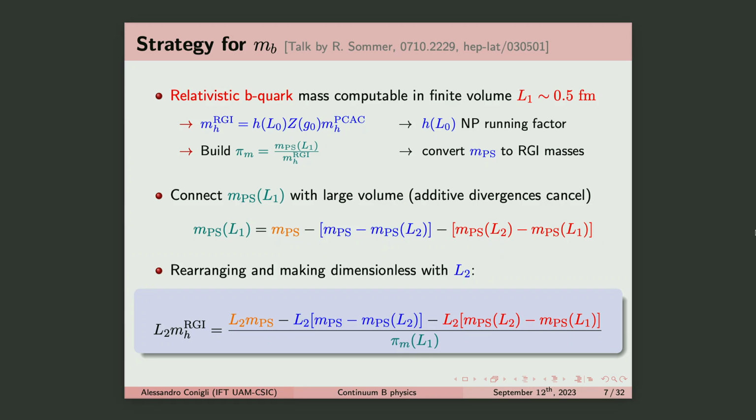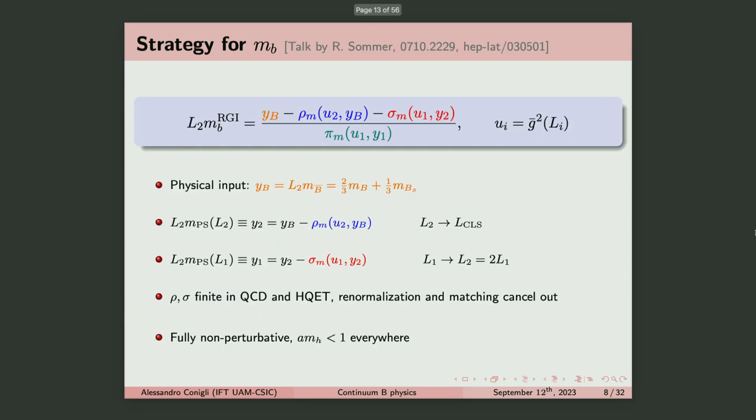This very same equation can be written in an even more compact way by introducing the step scaling functions rho and sigma as the differences of the masses computed in the different volumes, and we basically recover the b quark mass when we use as physical input the flavor average combination between the B and the Bs meson.